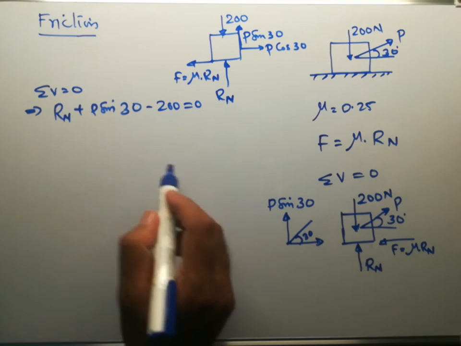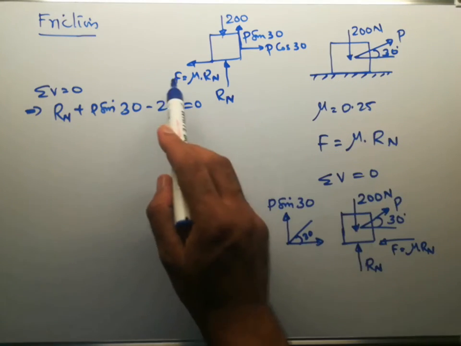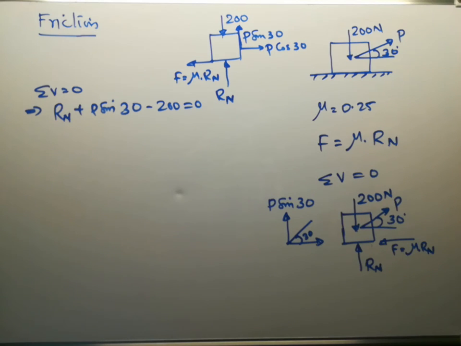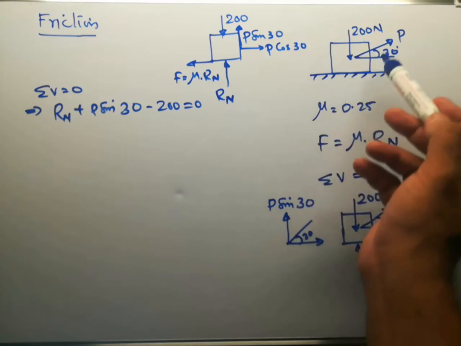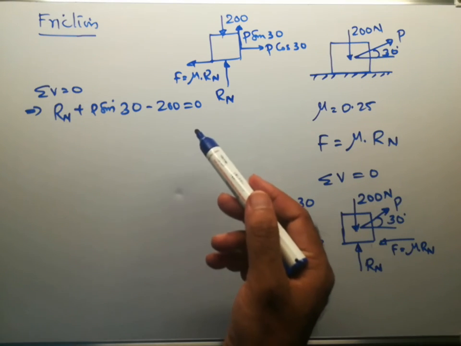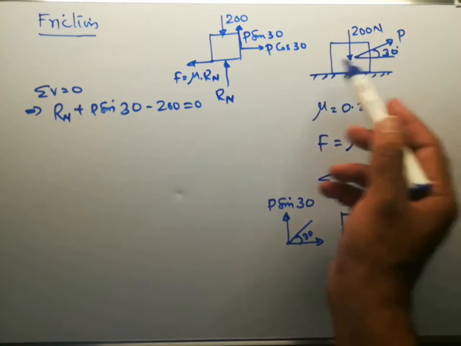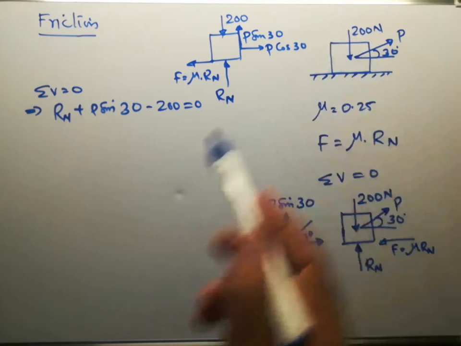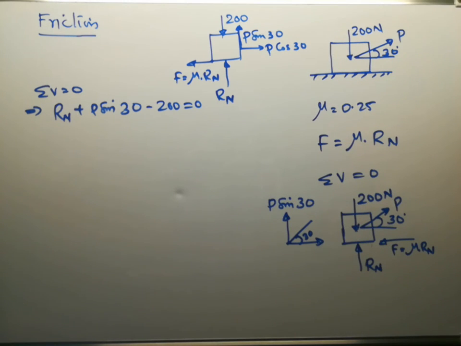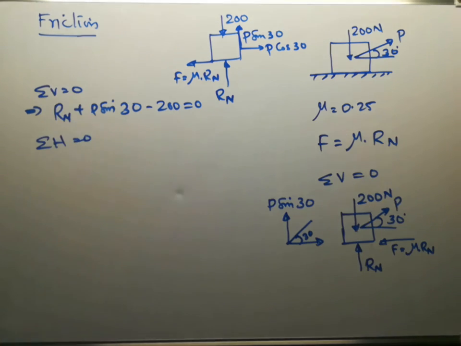Under the action of this force P and the limiting friction, this body is in equilibrium, or the body is just about to move. So as the body is in equilibrium in the horizontal direction, the algebraic sum of forces in the horizontal direction can also be assumed to be equal to 0. That means, like we applied sigma V equal to 0, sigma H also equal to 0.